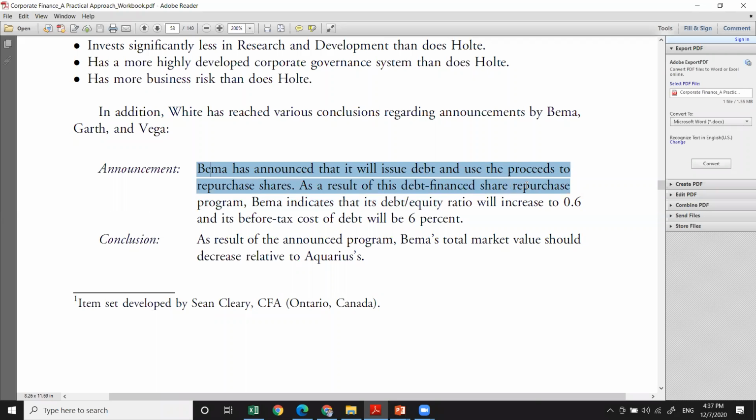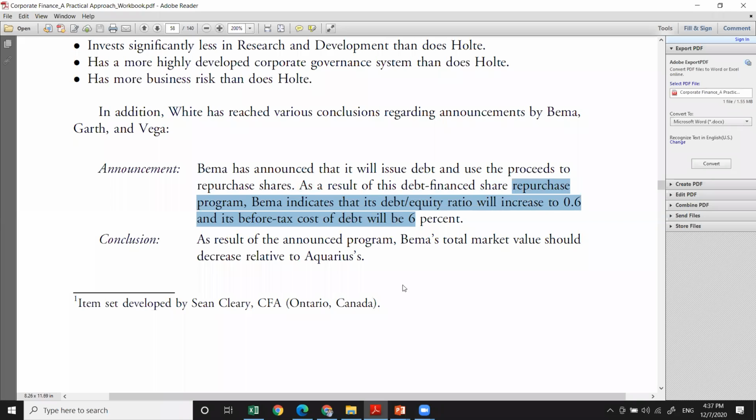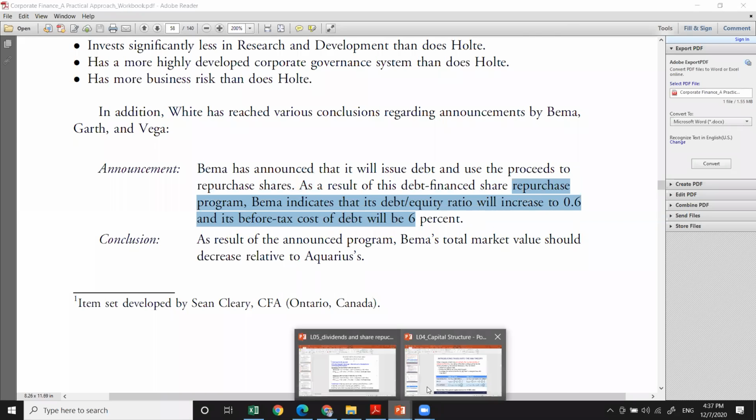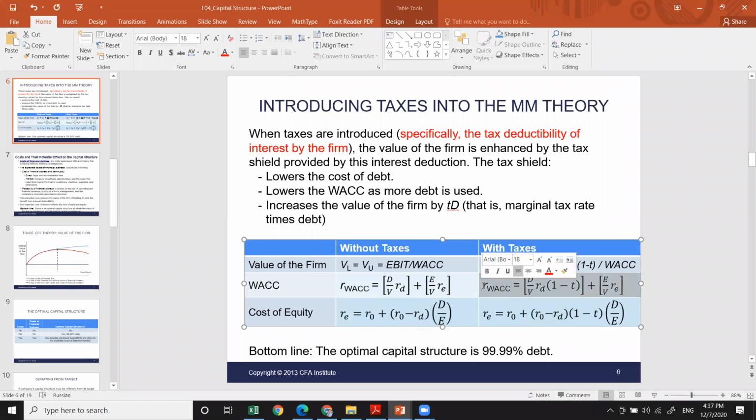As a result of the debt financed repurchase program, BEMA indicates that the debt equity ratio will increase to 0.6. So all the necessary information is given here, and it's better to use the formula given here.